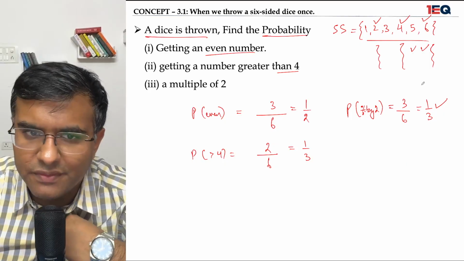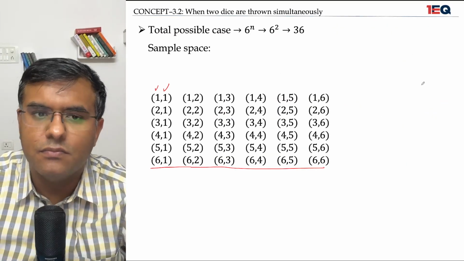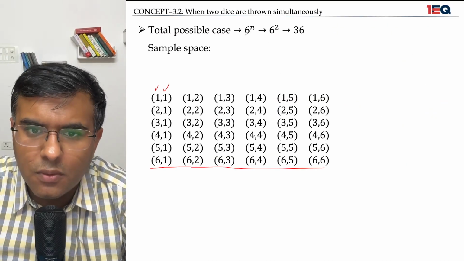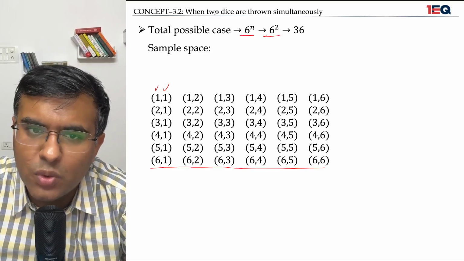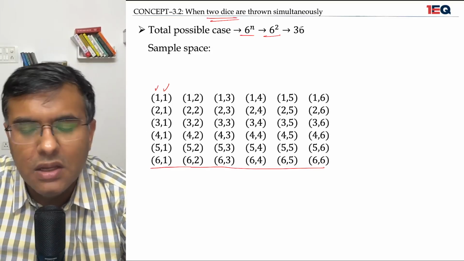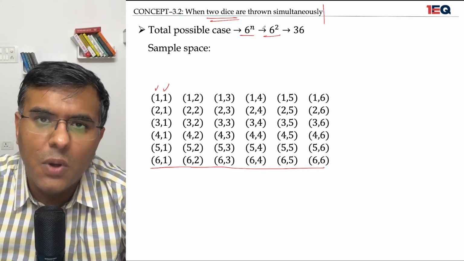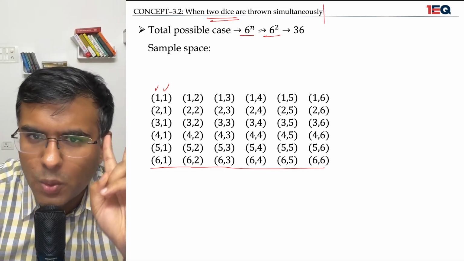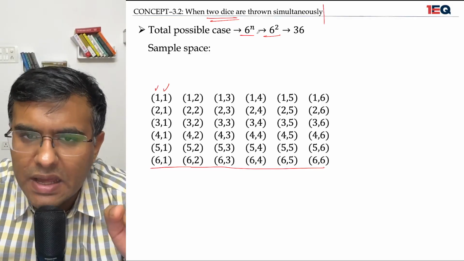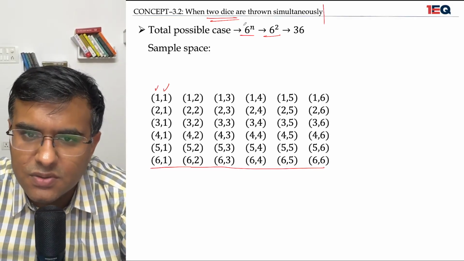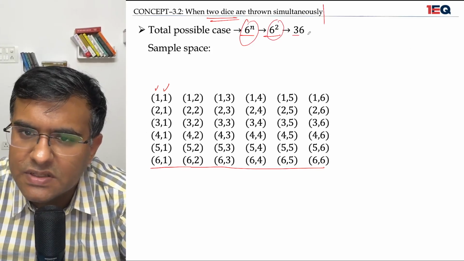Okay, moving further. We are now going to talk about all the possible cases when two dice are thrown simultaneously. This sample space is also going to be valid when one dice is thrown twice. So it is 6 raised to the power n, and 6 squared is 36.